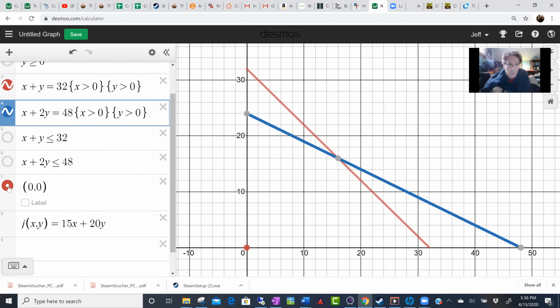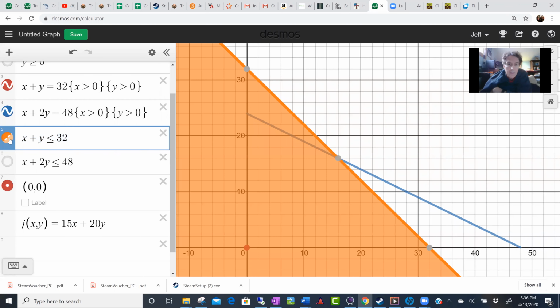My test point is this one over here, 0, 0. And with our test point 0, 0, I plug that in and take a look at this equation. Yeah, 0 plus 0 is less than or equal to 32. So we'd want to shade below that line. So that line is the red line here. Let's shade below that. And that would look like this.